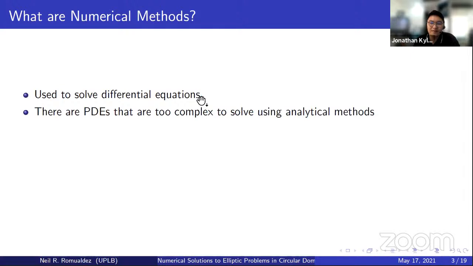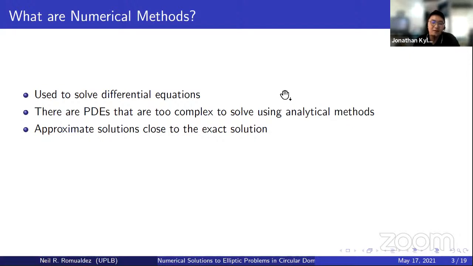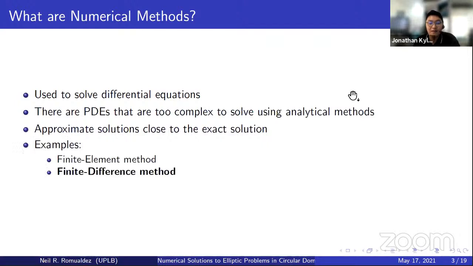They become too complex in more realistic scenarios. And we use numerical methods to approximate the solutions to those exact solutions given by our analytical methods. So some examples of numerical methods, the more common ones, are finite element method and the finite difference method, which is used in his study.